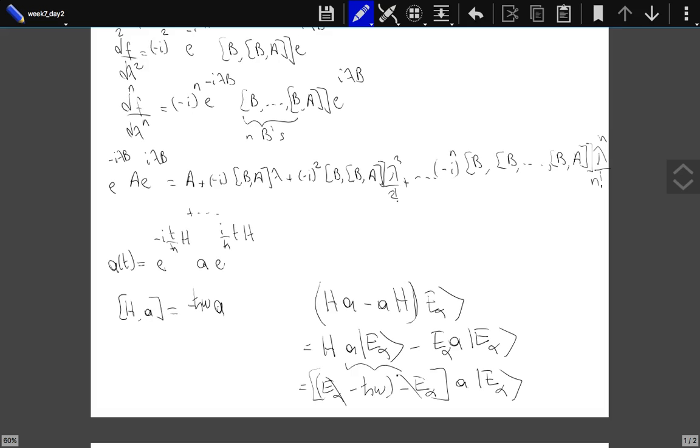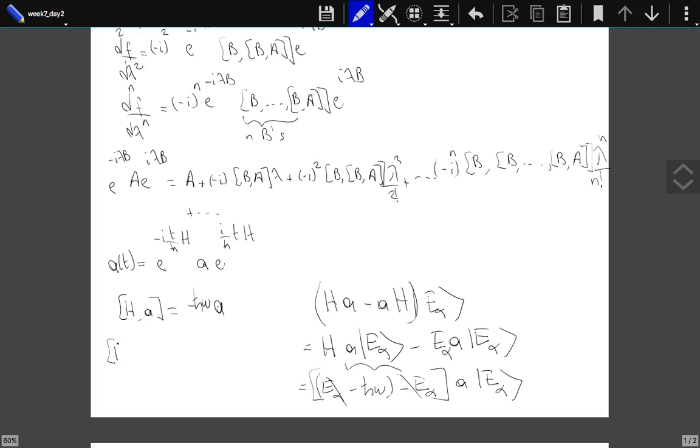Now, if you cannot remember whether it was the H commutator with A or A commutator with H, or whether it is minus h bar omega or plus h bar omega, you can derive it using what you know, that A lowers the energy. So it should be minus h bar omega. This is kind of interesting because the commutator of A with H is proportional to A. Well, we have commutators of commutators, and each commutator will bring a factor of minus h bar omega, and A will remain.